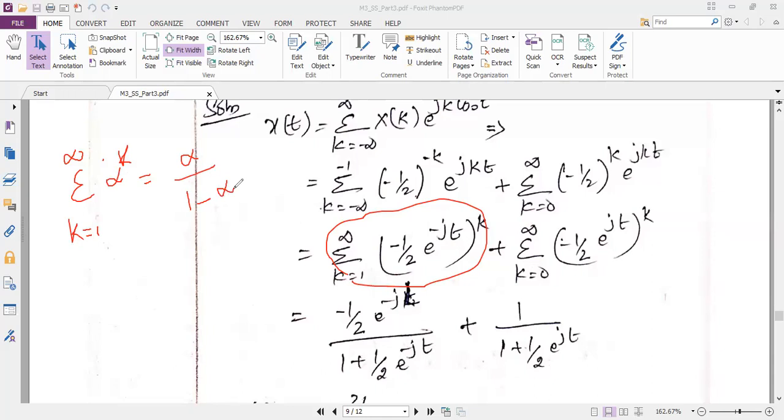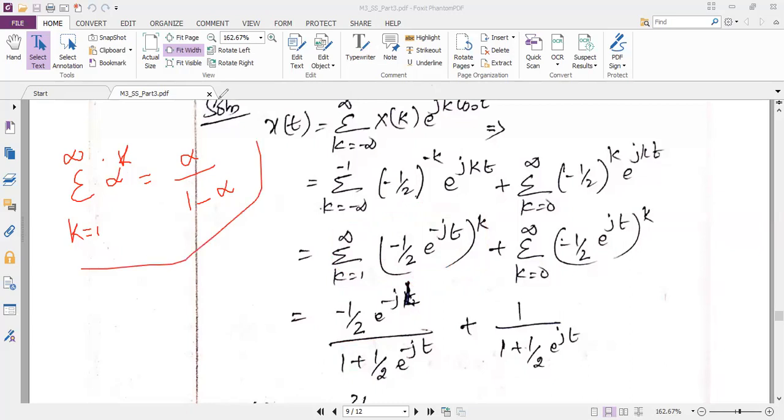So in place of alpha, I have this term. I have written in the numerator minus 1 by 2 e power minus jt, divided by 1 minus of alpha, and minus minus becomes plus. So it is 1 by 2 e power minus jt. So the first term I have easily applied the formula and simplified it.